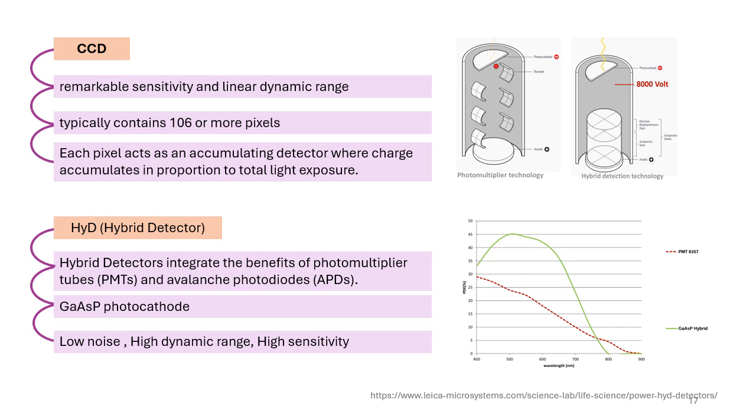Now the next is another very new and very advanced detector, which is the hybrid detector. This hybrid detector combines the principle of the PMT and the avalanche photodiode to create a highly sensitive detecting system.